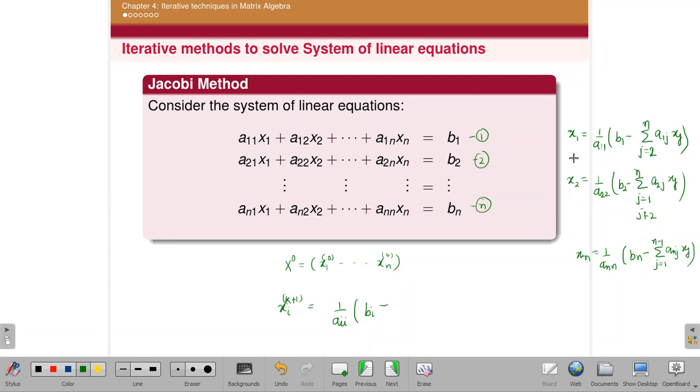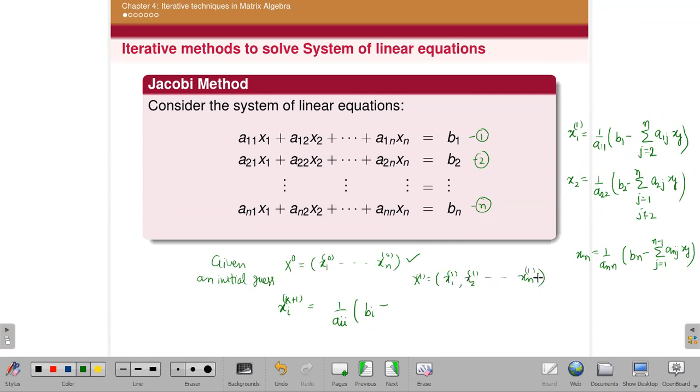Now, to start the procedure of an iterative method you need an initial guess. This will be given to you. Then you find the first iteration, that is x11, x21, and so on up to xn1, which contains n components.